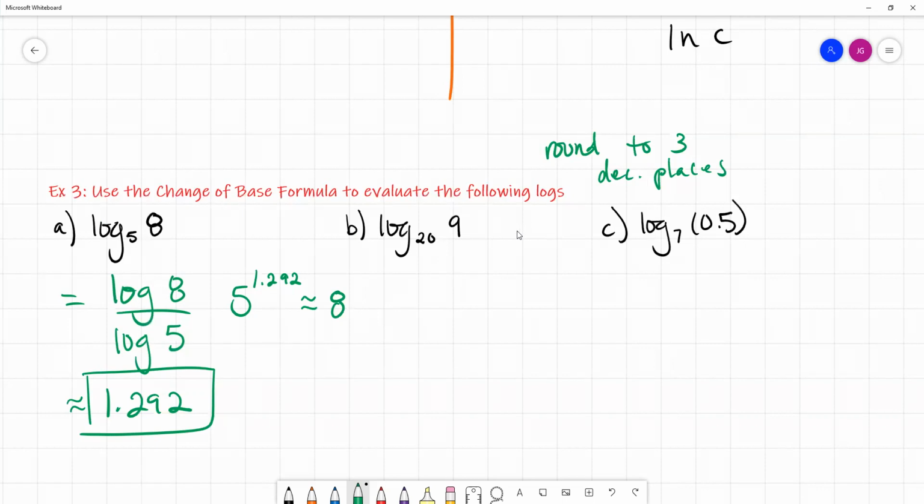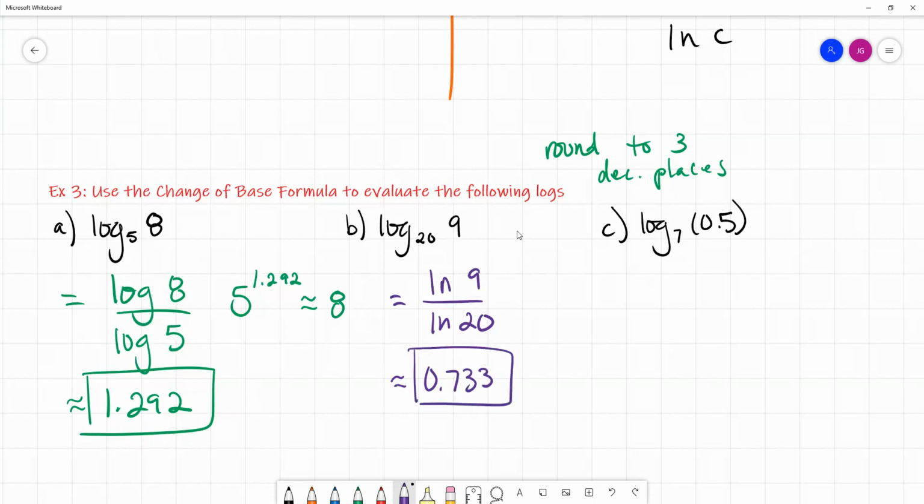Okay, now let's do the next one. Log base 20 of 9. Let's use the natural log this time. So it's going to be the natural log of the input, ln of 9, divided by natural log of the base, natural log of 20, using our change of base formula. Now let's put it in our calculator. Natural log of 9 divided by natural log of 20 is approximately 0.733.